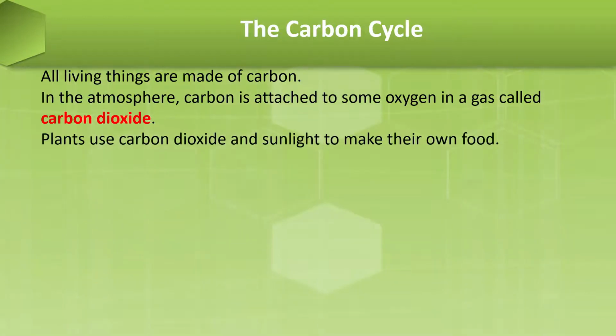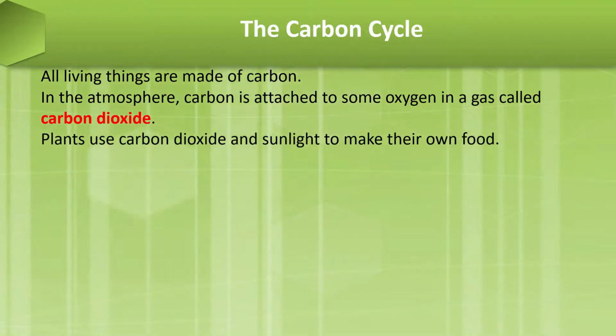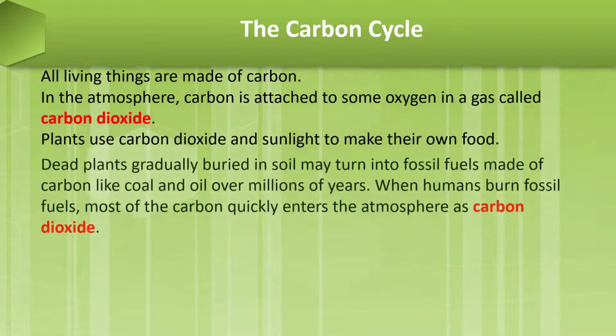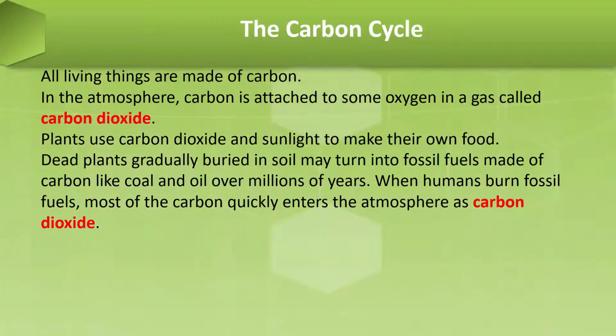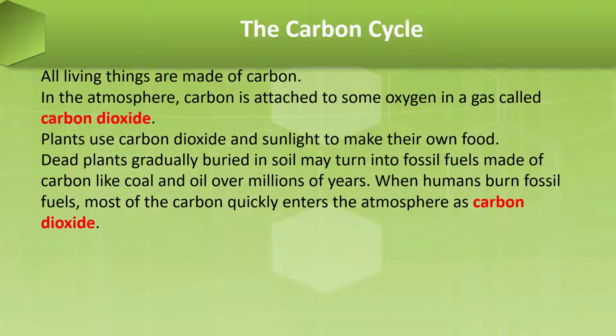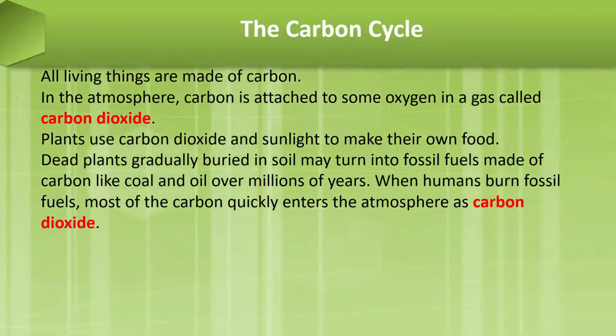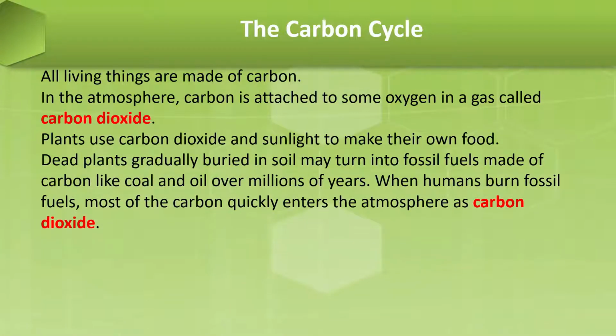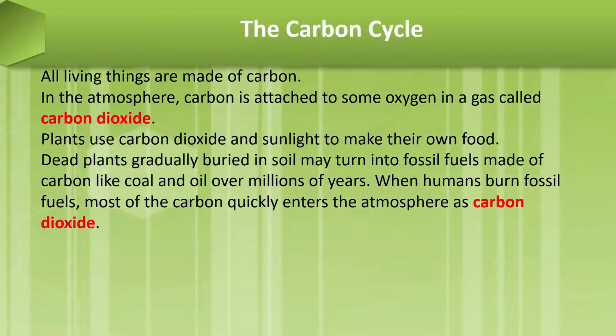Plants use carbon dioxide and sunlight to make their own food by photosynthesis, and dead plants gradually buried in soil may turn into fossil fuels made up of carbon, like coal and oil, over millions of years. And as you know, in Kirkuk we have most of this oil. It is parts or remnants of dead living things from millions of years ago.